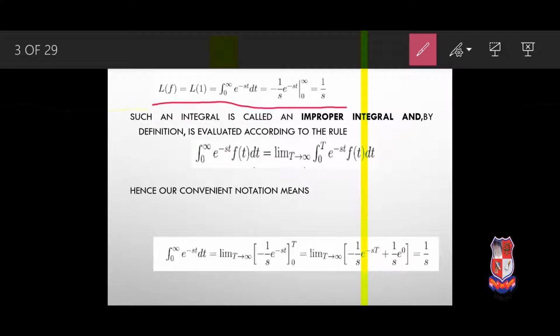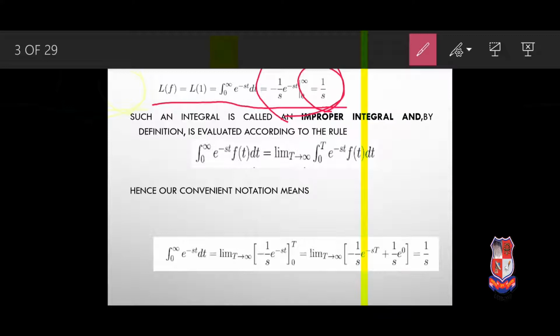Here we have to find the integration of e raised to minus st. The integration of e raised to minus st is minus 1 upon s e raised to minus st, and limit 0 to infinity. After putting the limit, we have the answer 1 upon s.